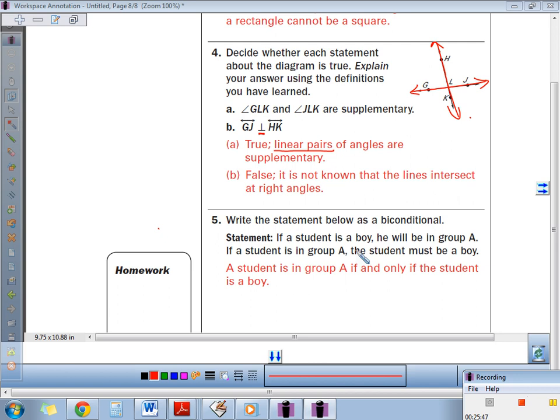But anyways, if you just focus on this one, you should still be able to write the biconditional. They wrote it actually from the second one. So they say if a student's in group A, then the student must be a boy. So they just cut the if and inserted if and only if right there. You can see that. The if and only if goes right there after the A. They don't have if, they don't have then anymore. Pretty good one.